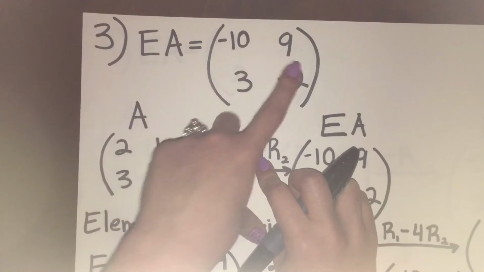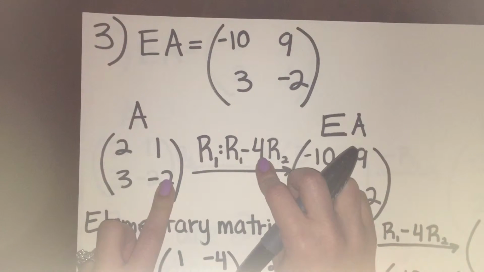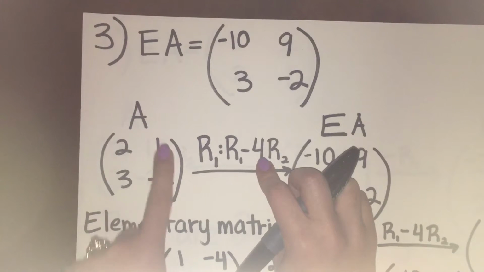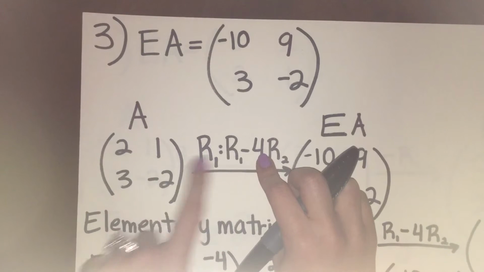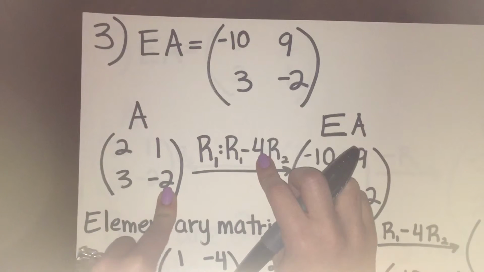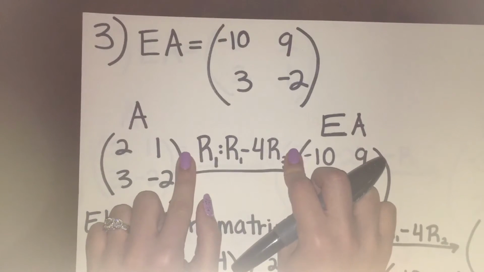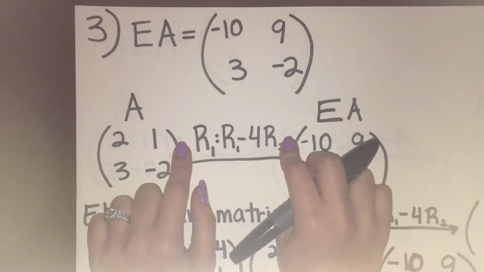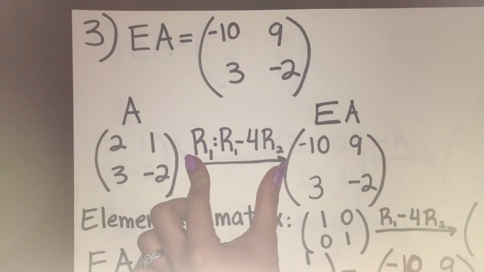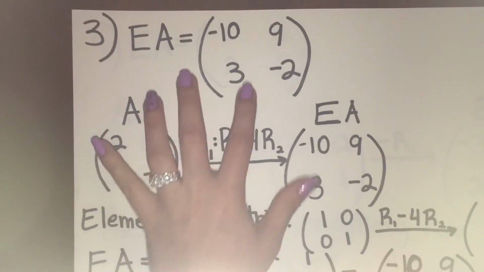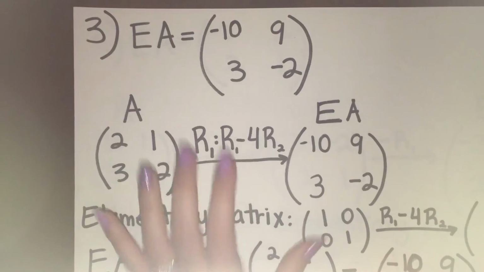The same case would work for the second entry: 1 minus 4 times negative 2, which would be plus 8. 1 plus 8 would be 9. So we can see that this elementary row operation does indeed work. It is the row operation that's taking place in this equation.